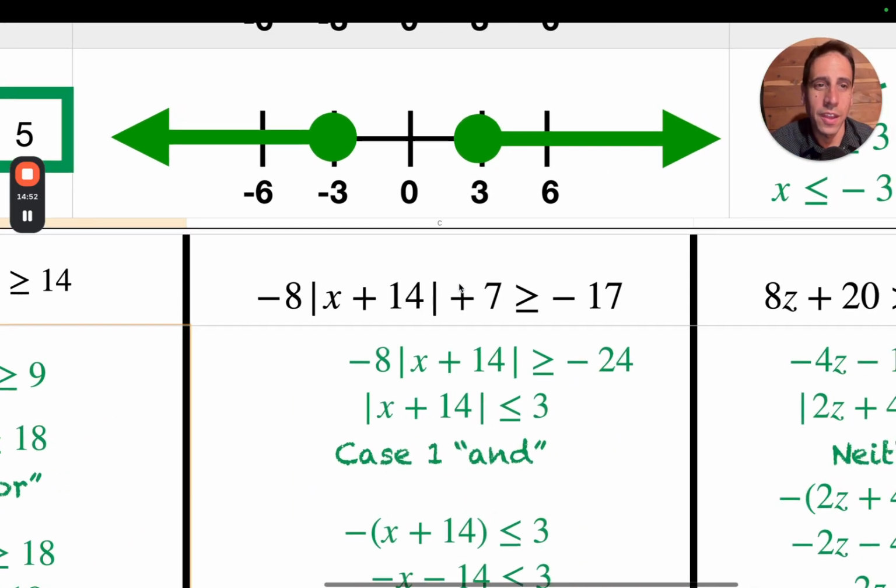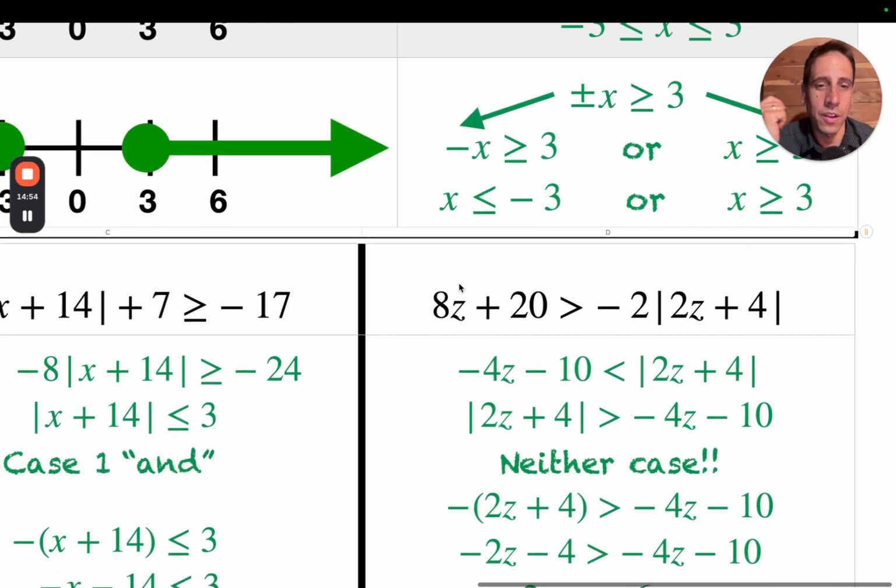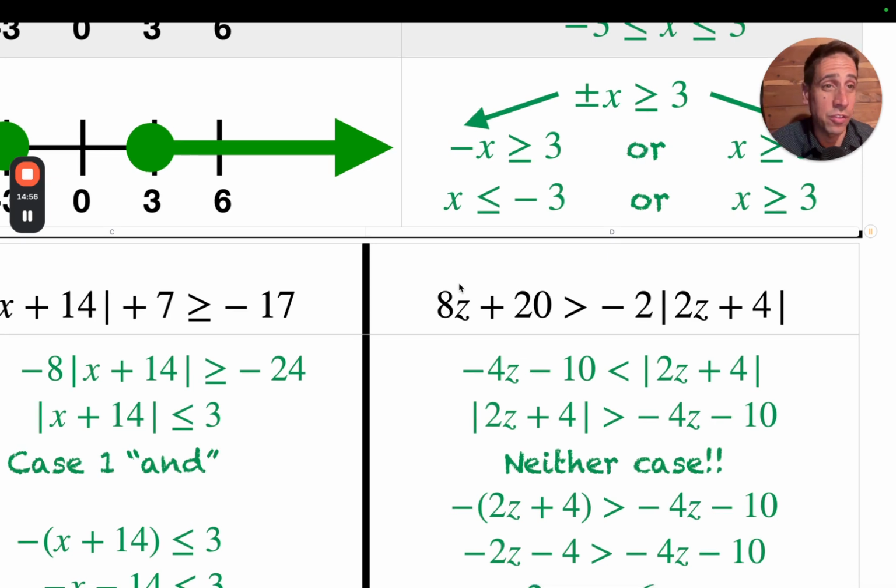So all that to say is when we're doing these things, it's just a lot easier. The process gets a lot more predictable, and you're less likely to make a mistake if you put the absolute value on the left-hand side, so that we can recognize it as case 1 or case 2. But in this problem, it doesn't satisfy either, because although we've got the greater than symbol, you might think, oh, that's easily case 2.